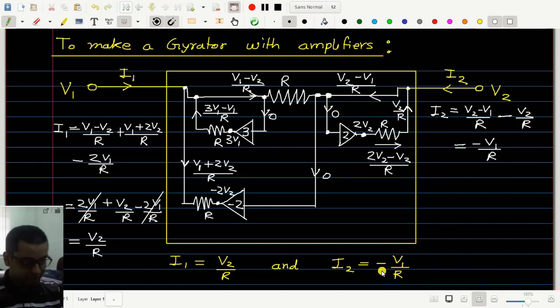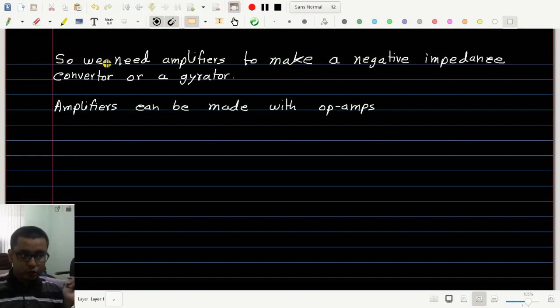So we need amplifiers to make either a negative impedance converter or a gyrator. Now we can make amplifiers using something called op-amps. Op-amps are small electronic ICs.